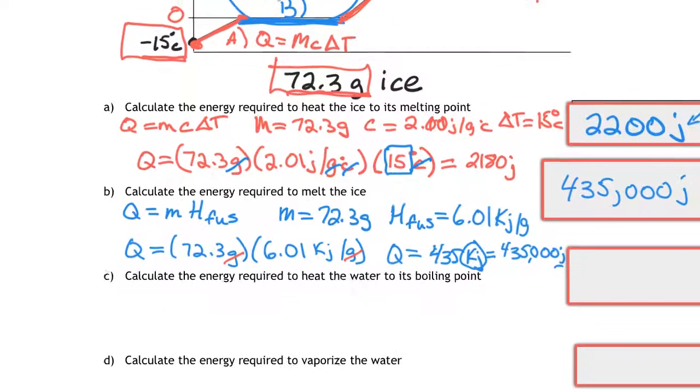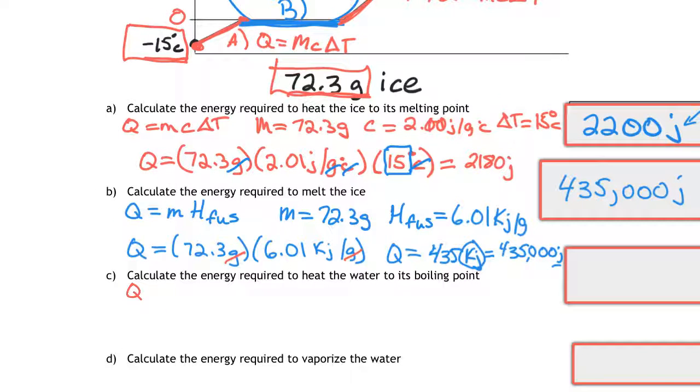The formula I'm going to need is Q equals MC delta T. My mass is the same as it's been all along. The C for water, because this is the water portion, we already know is 4.18 joules per gram per degree Celsius.